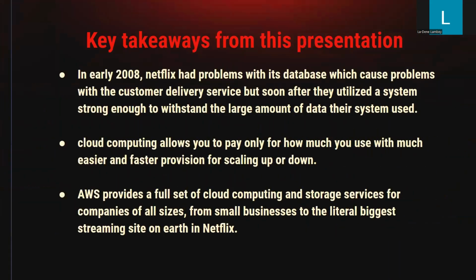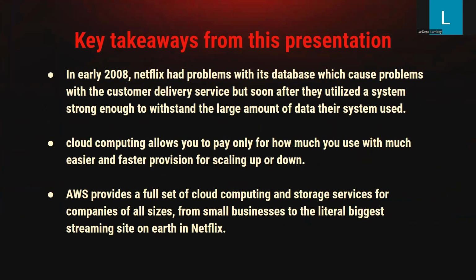So, key takeaways from this presentation. The first pointer: in early 2008, Netflix had problems with its database, which caused problems with the customer delivery service, but soon after they utilized a system strong enough to withstand the large amount of data their system used. The second pointer: cloud computing allows you to pay only for how much you use, with much easier and faster provisioning for scaling up or down.